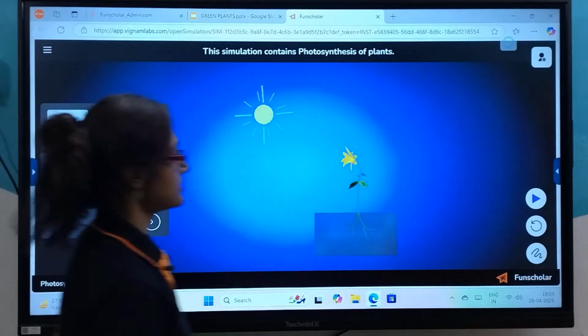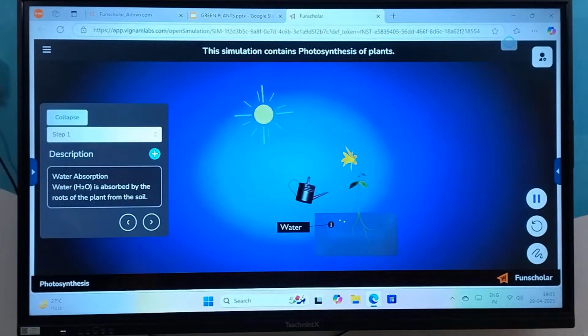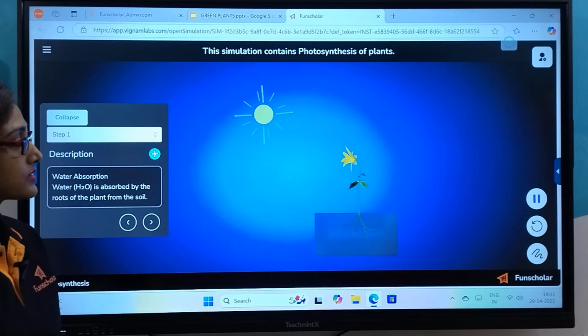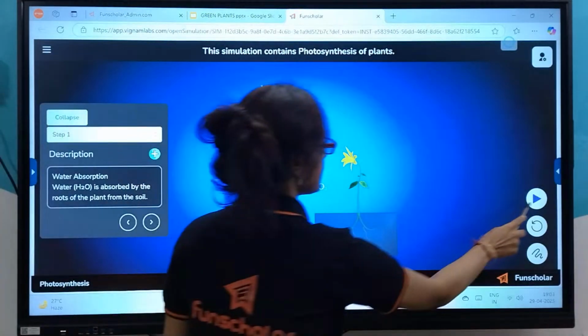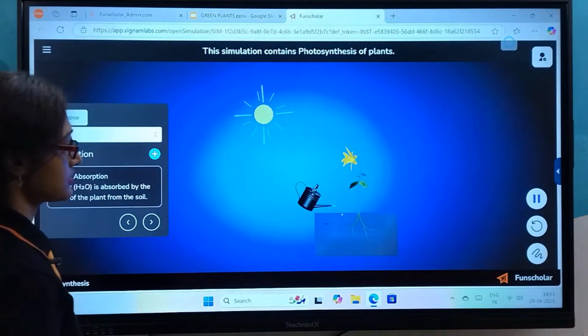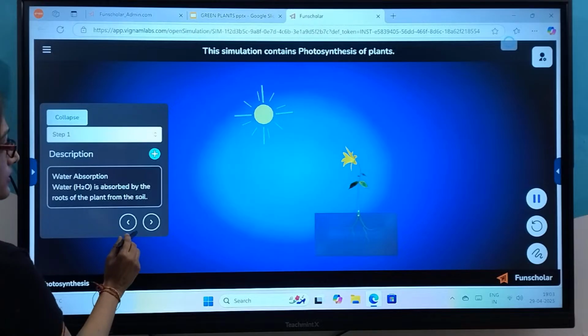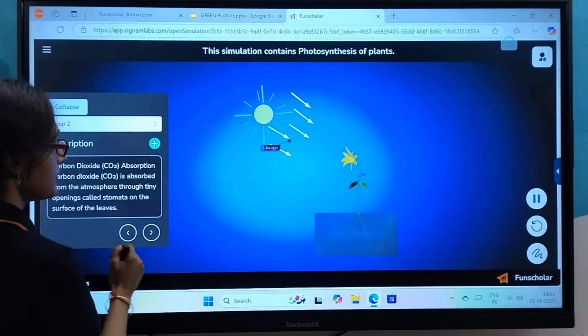Now watch how this happens. See, water is being given to the plant. It is being absorbed by the root and reaches the leaves. Right? Carbon dioxide is being taken in by the plants.